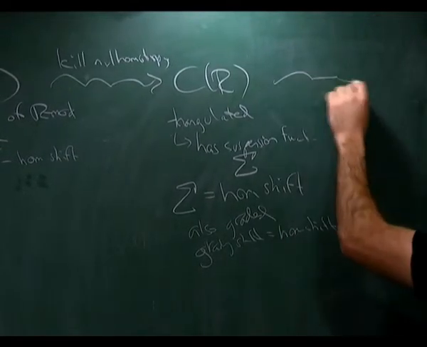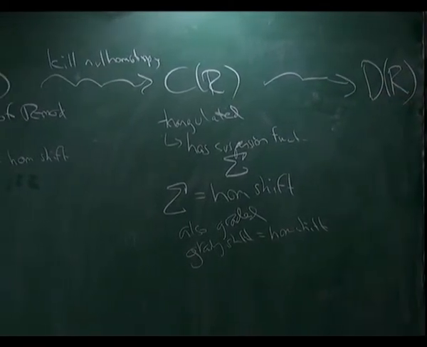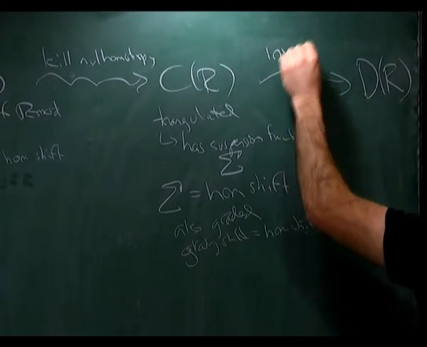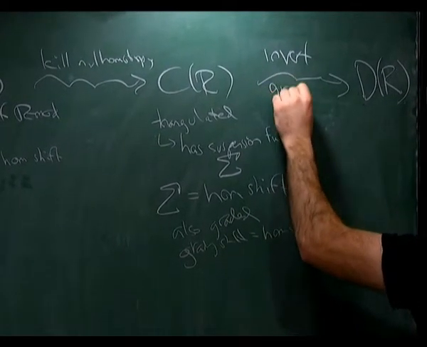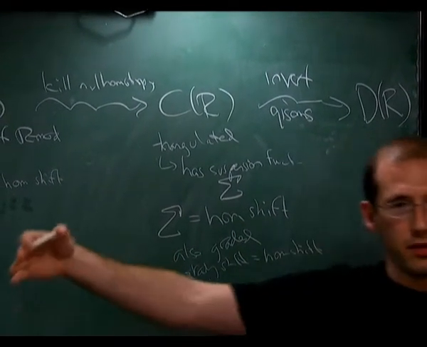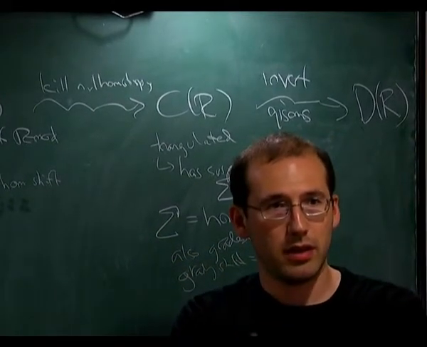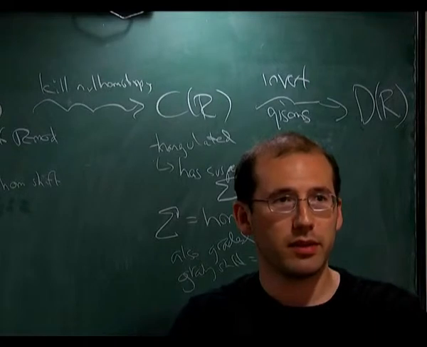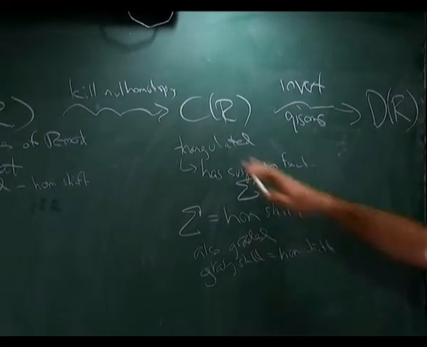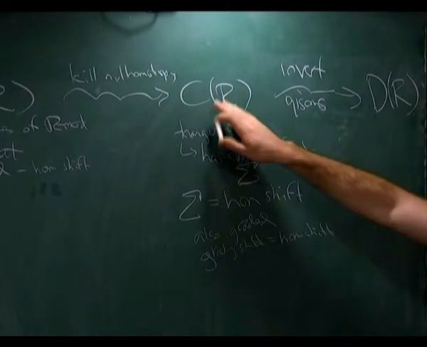And the final thing you do is you construct the derived category. And the way that you get from here to here is you invert quasi-isomorphisms. So you have a complex of R-modules, and you can take the kernel modulo the cokernel in each step. Is this familiar to everyone? And you get something called a homology group. It turns out that this doesn't depend on null homotopic maps, so those homology groups are well defined here.